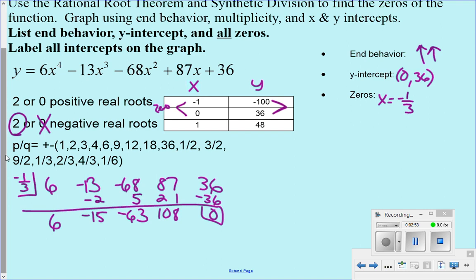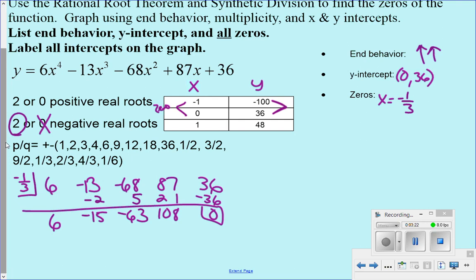So when deciding which numbers from my rational root theorem list to try, I'm not going to try positives, because there's a possibility that there are no positives. I could go through the entire list of positive numbers and none of them would give me a 0 remainder.